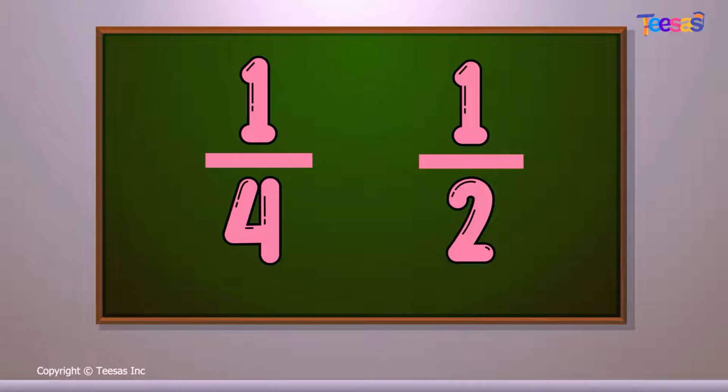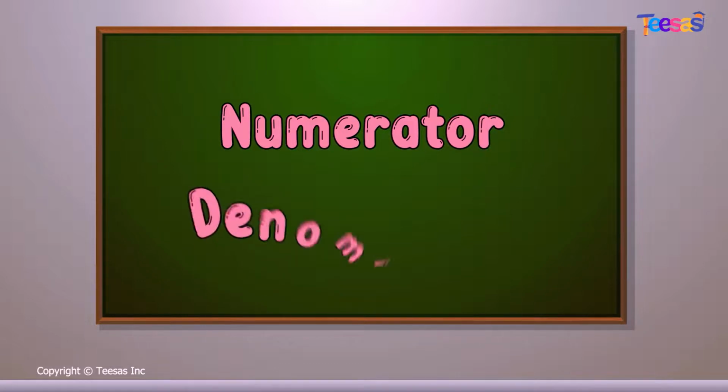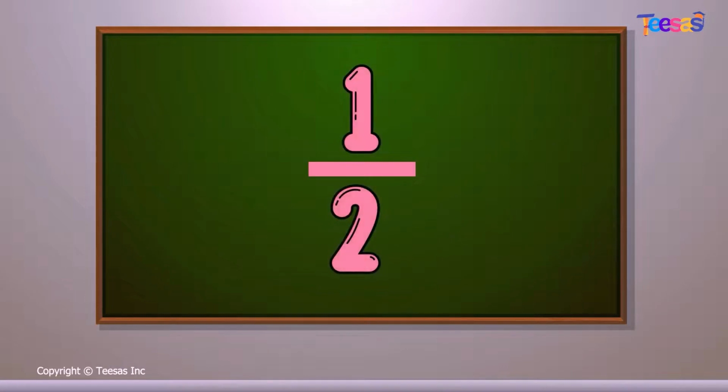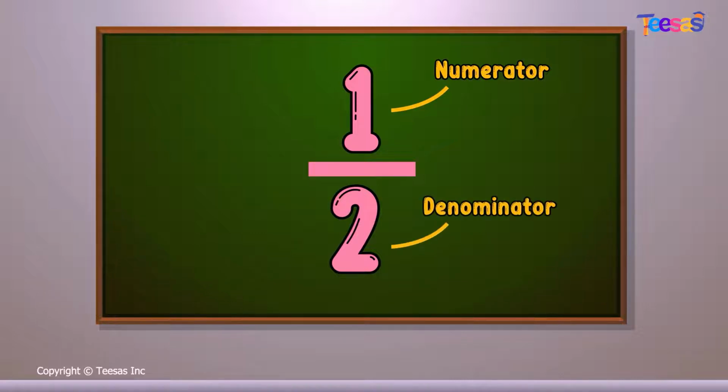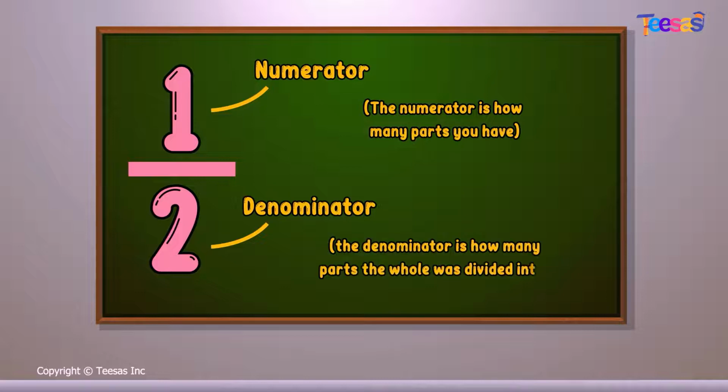When writing a fraction, you have the numerator and the denominator with a line separating them. In half, 1/2, the numerator is 1, while the denominator is 2. The numerator is how many parts you have, while the denominator is how many parts the whole is divided into.